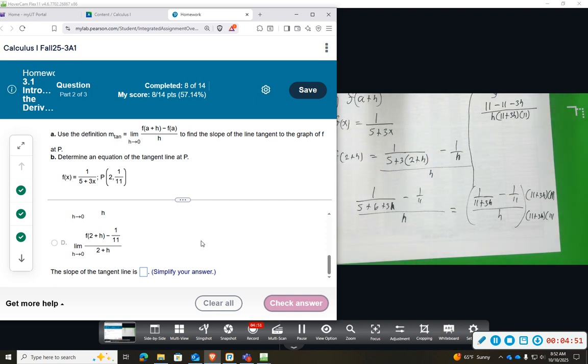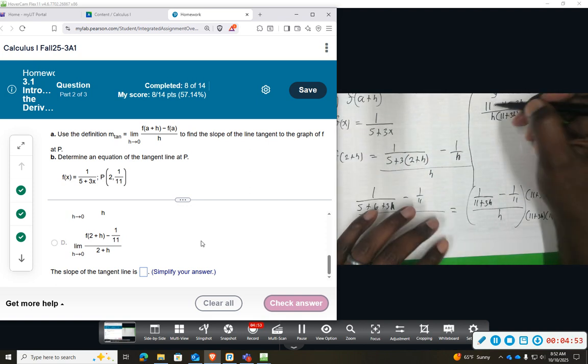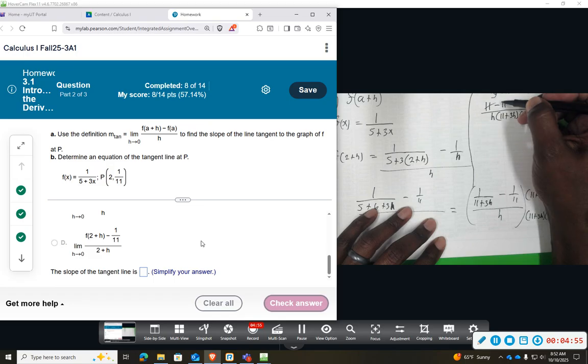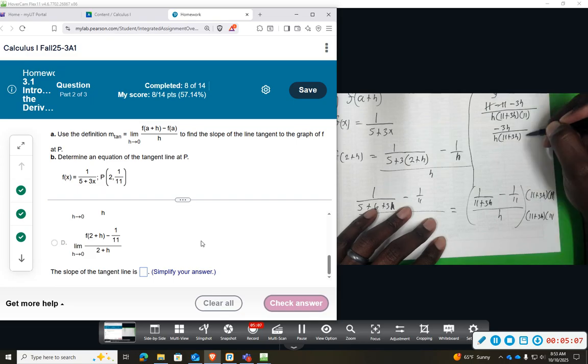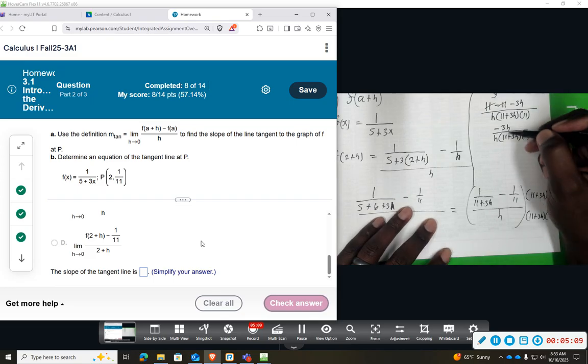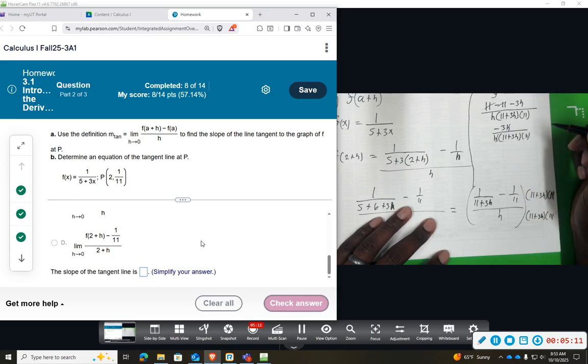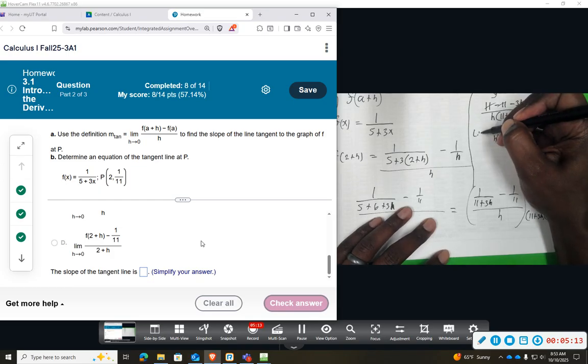So what happens is the 11 minus 11 cancels out. That will leave us with a negative 3h over h, and then 11 plus 3h times 11. The h will divide out, and then now we will take our limit as h goes to 0.